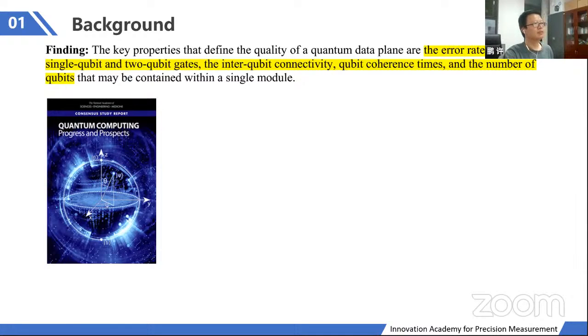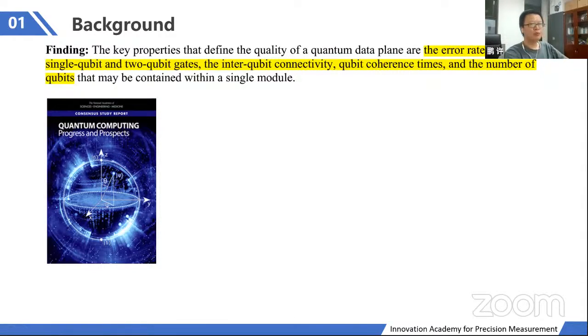It should have a very low error rate for the single qubit gate and 2 qubit gate. They should also have good interqubit connectivity, and the qubit coherence time should be long enough. Also, the number of qubits should be large enough.